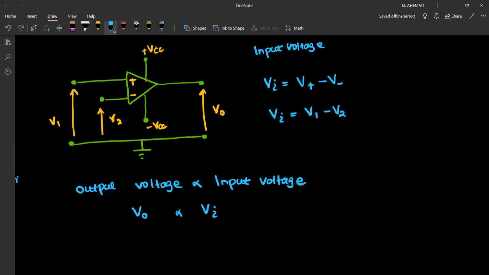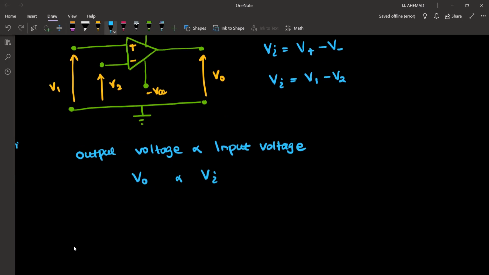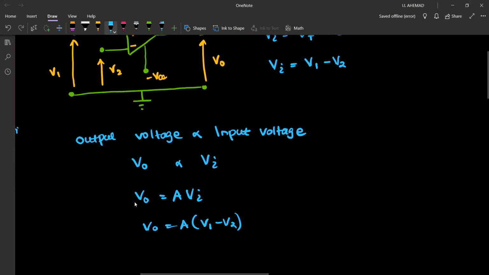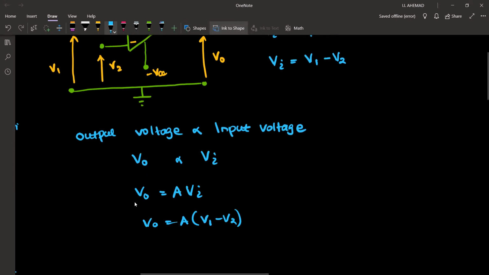By introducing a constant, I can convert it into an equation. V naught is equal to A times Vi. So V naught is equal to A times (V1 minus V2). That is the equation for the output voltage in this amplifier. Once you have noted it here.